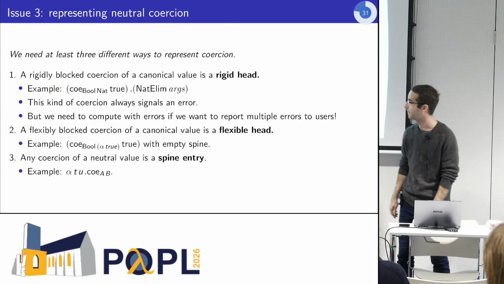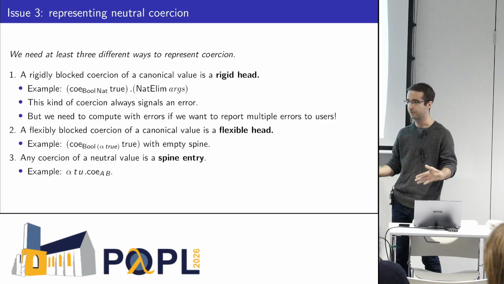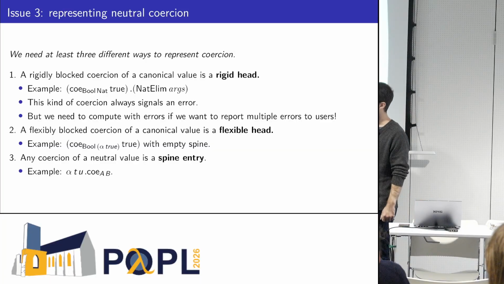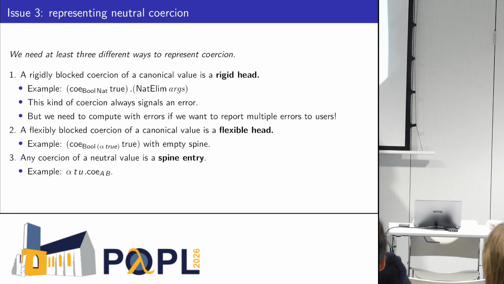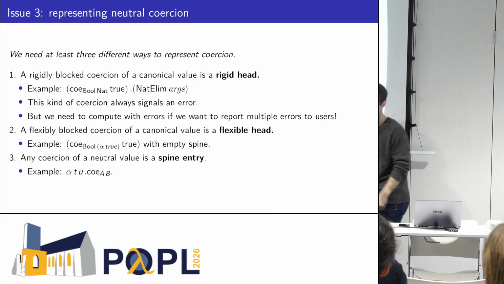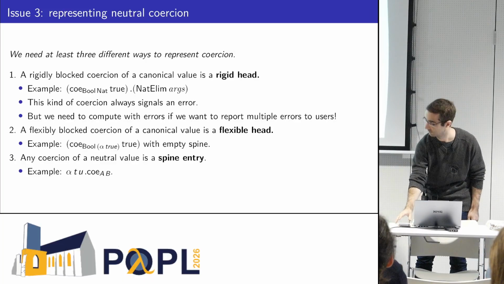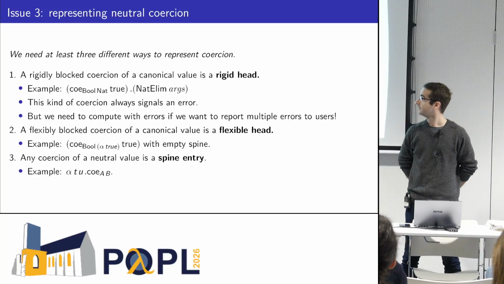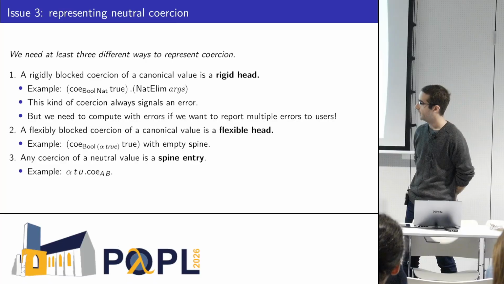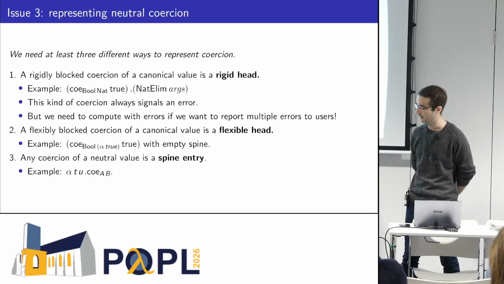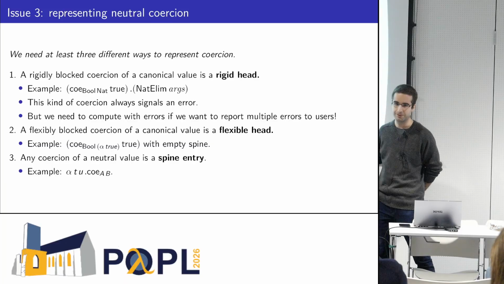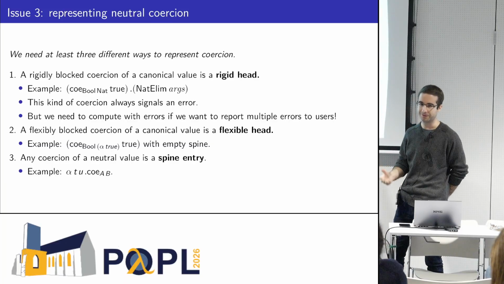And then the third thing is just that you have any neutral and you need to be able to coerce it. But because we have this eta short coercion, the coercion of a neutral is always a neutral. So this is now some kind of postfix notation of a coercion, which is part of a spine. András? Yeah. For your point 2, is this really a flexible head but blocked on alpha? Yes, it is. And actually, we also want to remember that alpha is a blocker. Yeah.